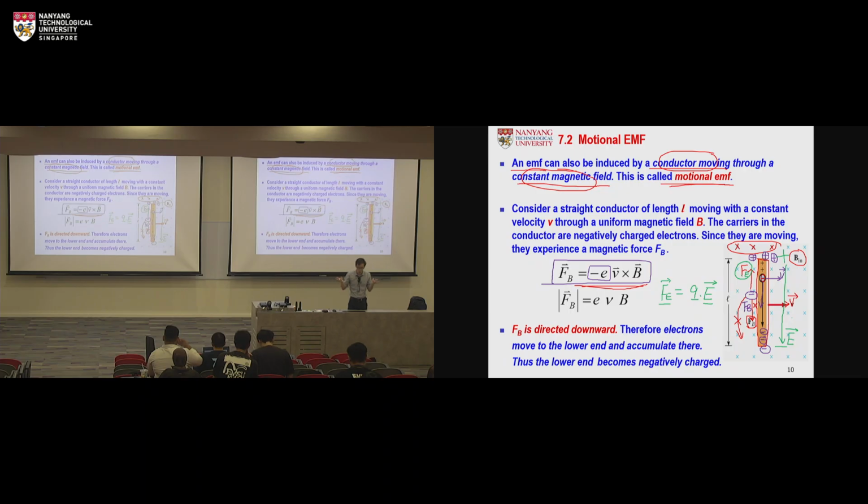That is the so-called final state. And the voltage difference between the two ends at the final state is the so-called motional EMF, the final motional EMF you can build up between the two ends of the wire or of the conductor, right?